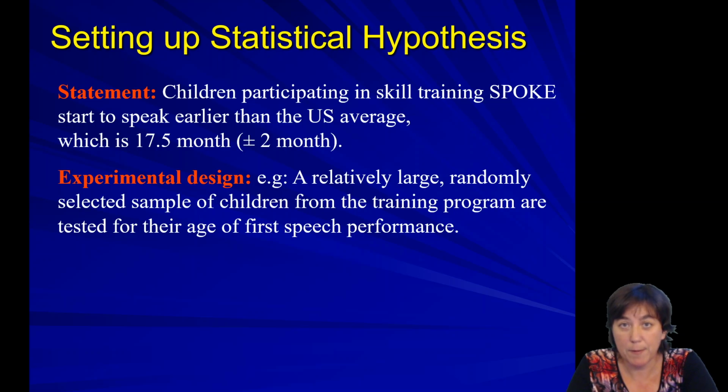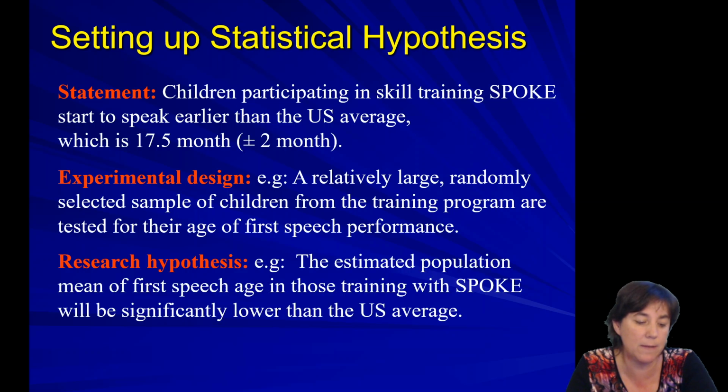So we need an experimental design. We will select a relatively large random sample of children from the trainees, and we will test for their age of first speech performance. Let's not go into the details of how we will test it, although it's a very important thing if you're really doing this study, relying on parental reports or actually coding them in the laboratory.